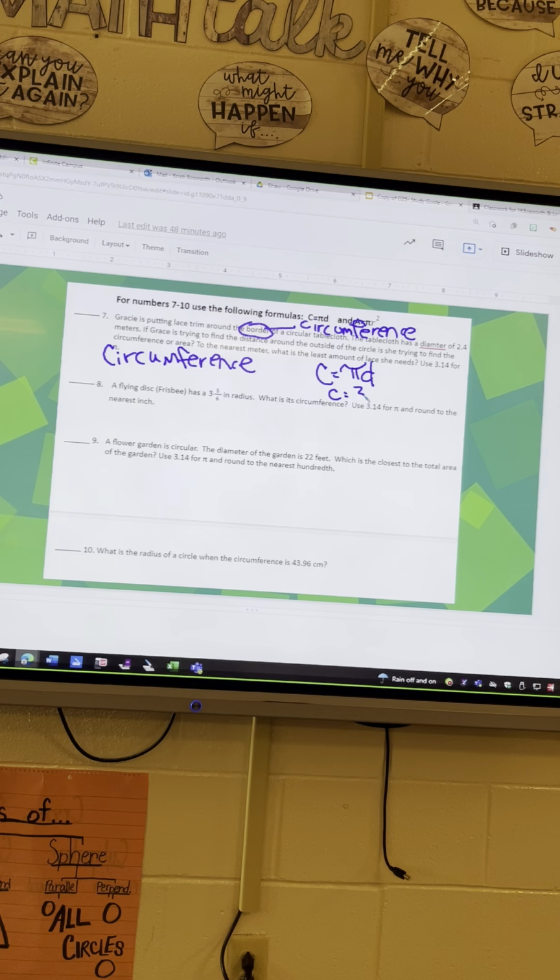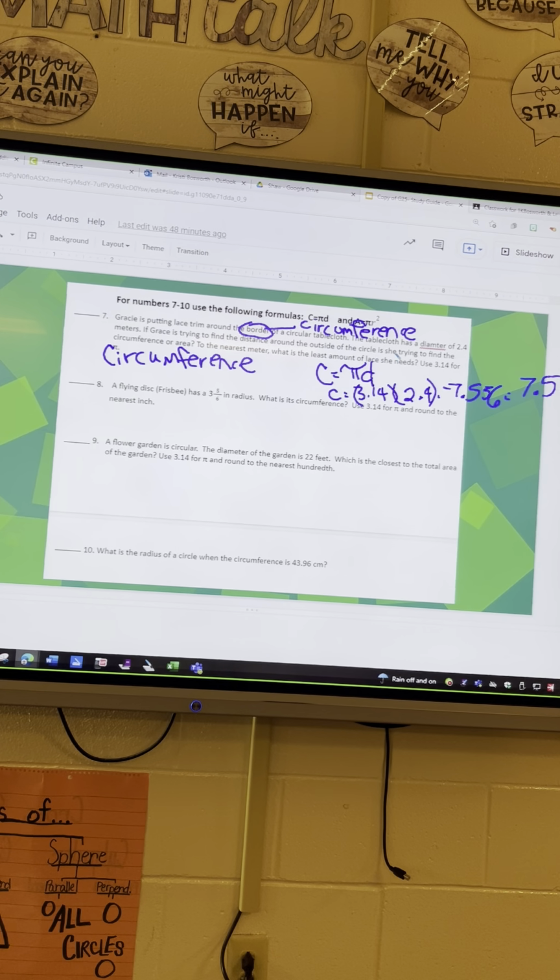So C equals 3.14 times the diameter, which is 2.4. 3.14 times 2.4 is 7.536, which is going to round to 7.5.